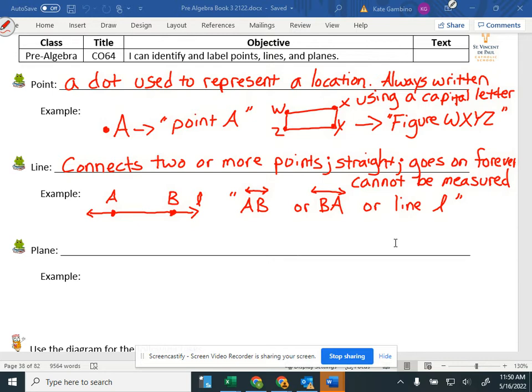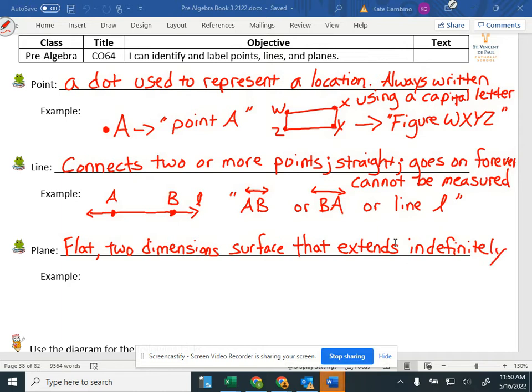And now we have a plane. A plane is a flat, 2-dimensional surface that extends indefinitely. So a plane, it's flat, like this piece of paper.